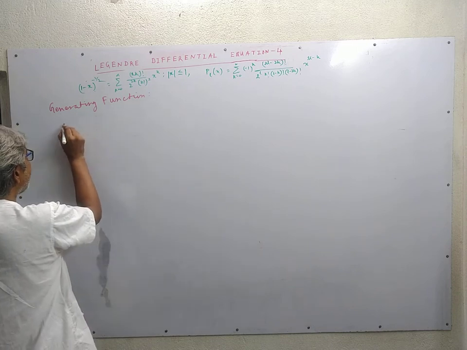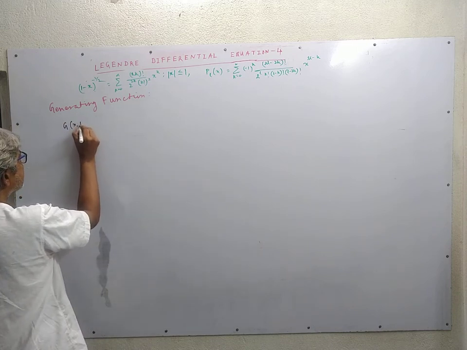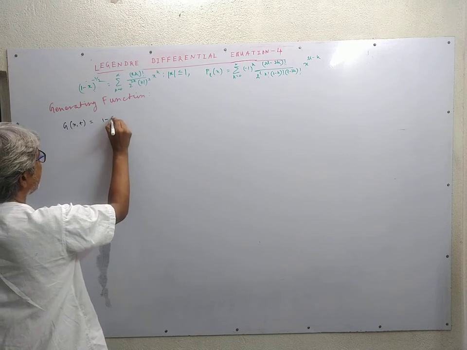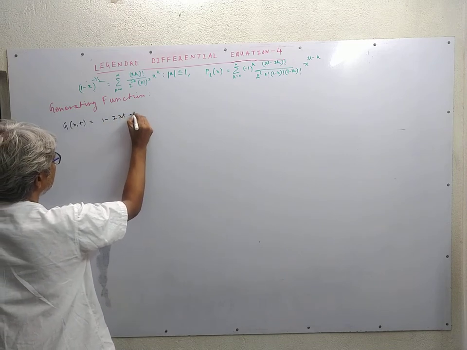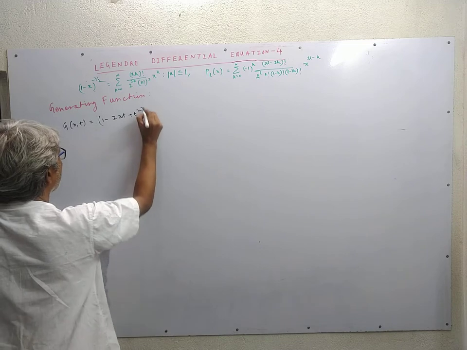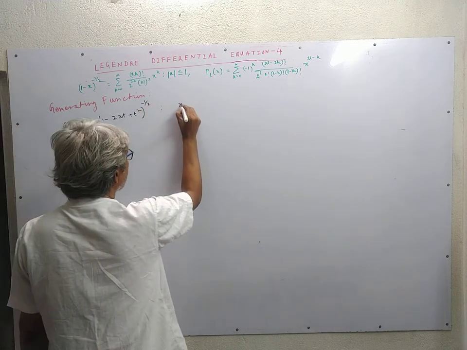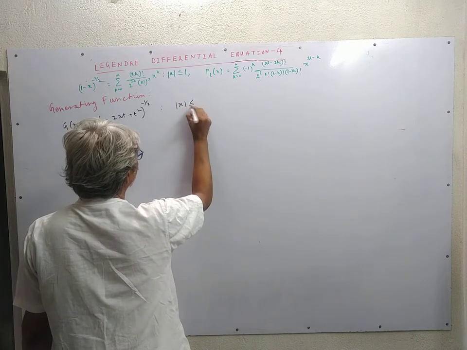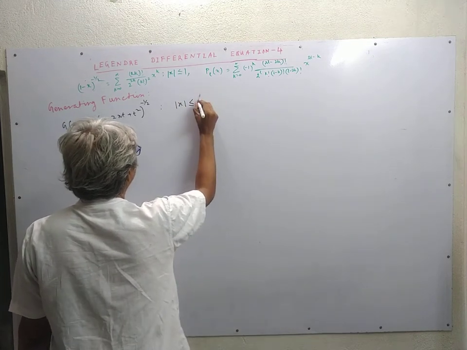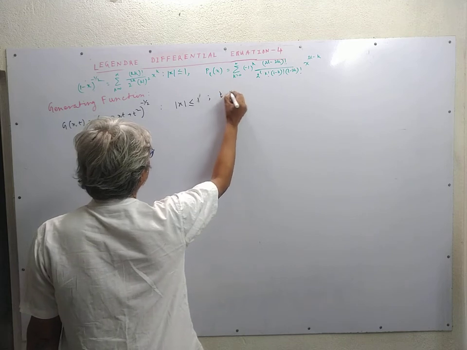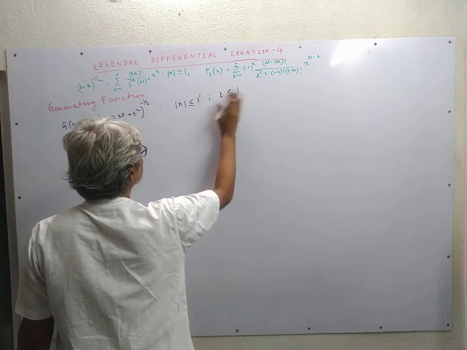We consider the function g of x, t is equal to 1 minus twice x t plus t squared to the power minus half, where the restriction is that mod x is less than or equal to 1 and mod t is less than 1.